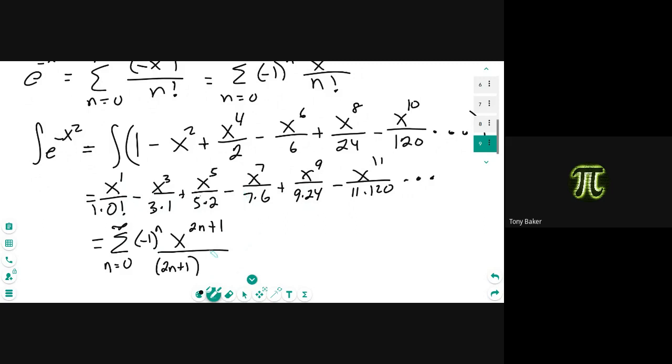So it's still n factorial. Because 0 factorial is 1. 1 factorial is also 1. 2 factorial is 2. 3 factorial is 6. 4 factorial is 24. 5 factorial is 120, which were those numbers that I got down the bottom.